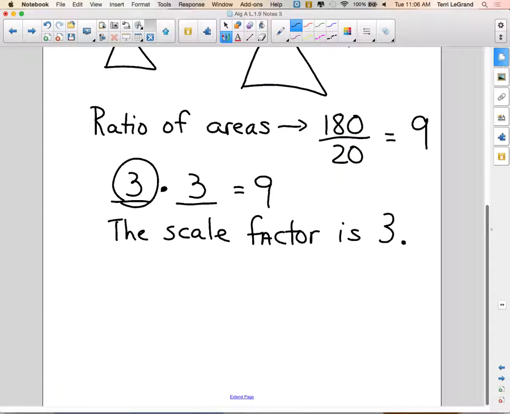So it got 9 times bigger. The area got 9 times bigger. 9 of those original triangles would fit on top of the new one. But that does not mean the scale factor was 9. The scale factor is what got multiplied by itself to get 9. Well, that is 3. Okay?